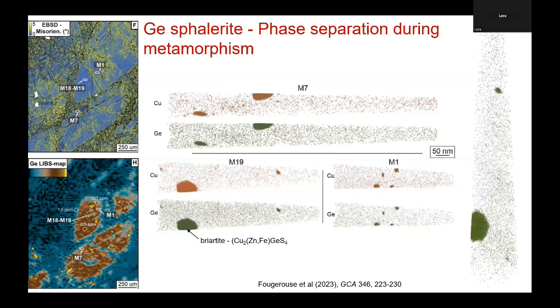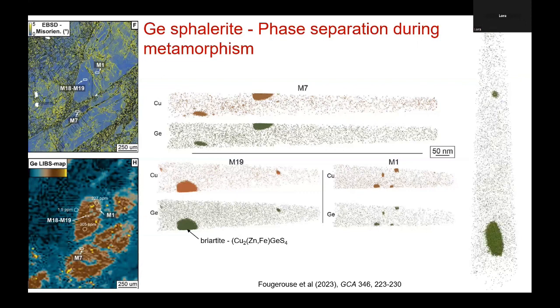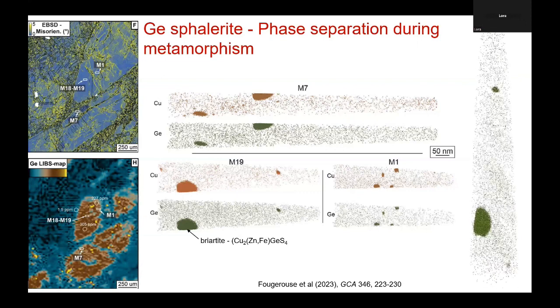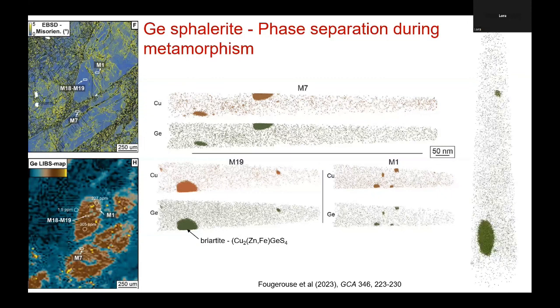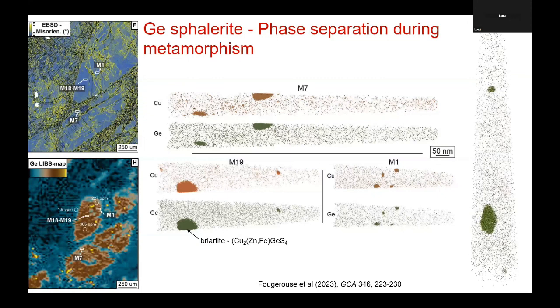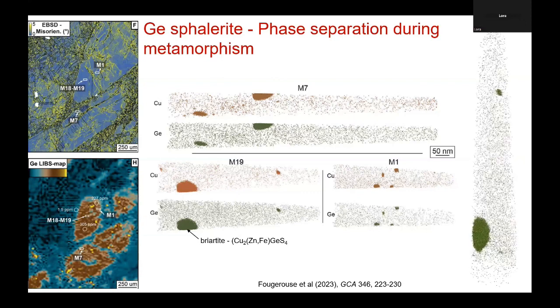So actually, here the metamorphism of these sphalerites and the formation of these clusters help in the preservation of our critical minerals in sphalerite. They will be much harder to remove from the crystal than if they were in solid solution.